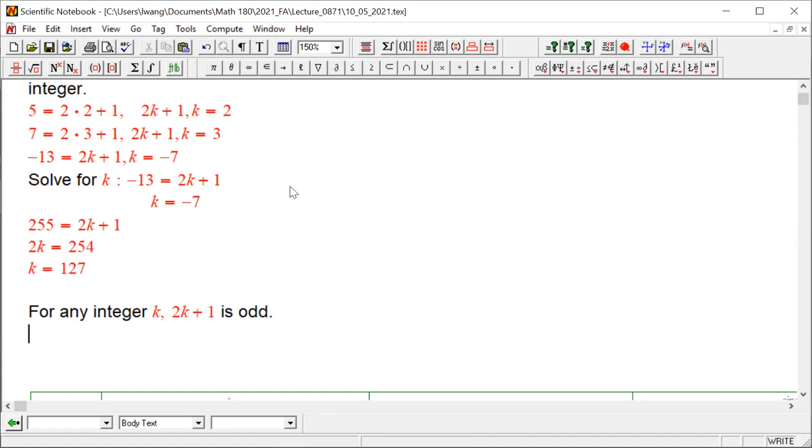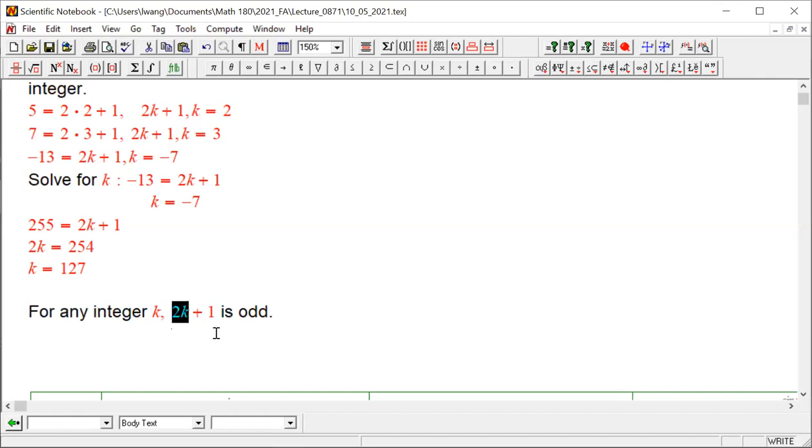A lot of textbooks use 2k plus 1, and some textbooks use 2k minus 1. I hope in this process you have learned to appreciate some of the mathematical forms, right? For any integer, 2k plus 1 is odd, that's easy, because 2 times an integer is always even, and any even number plus 1 is always odd.